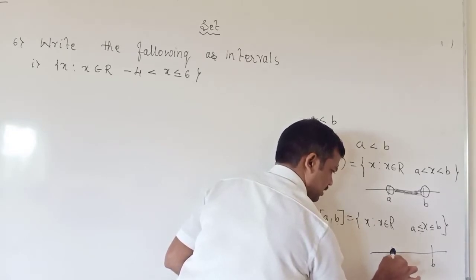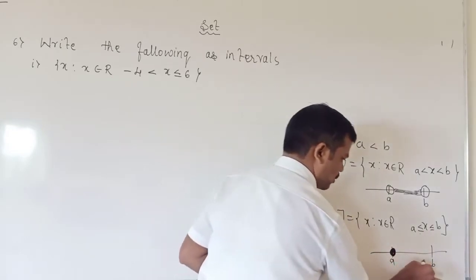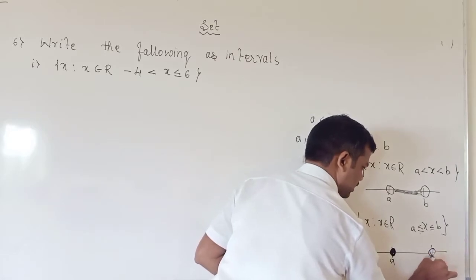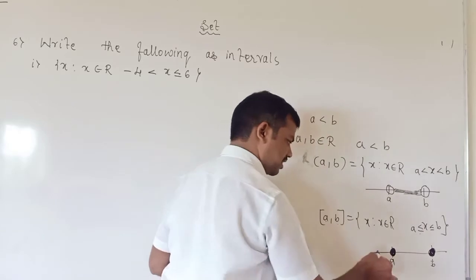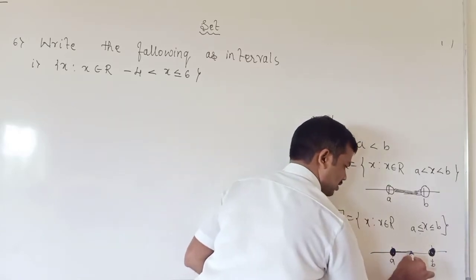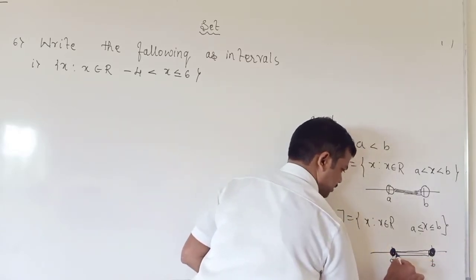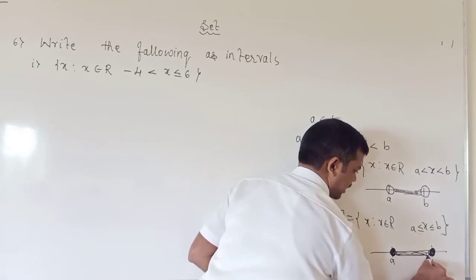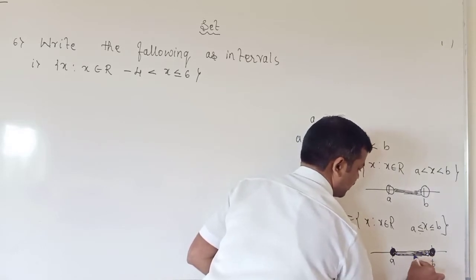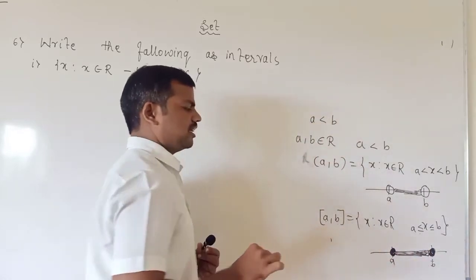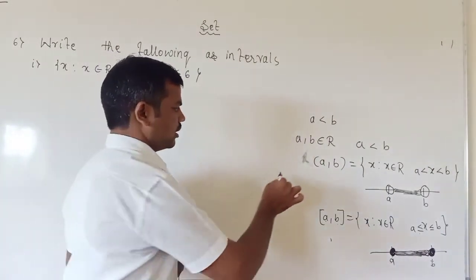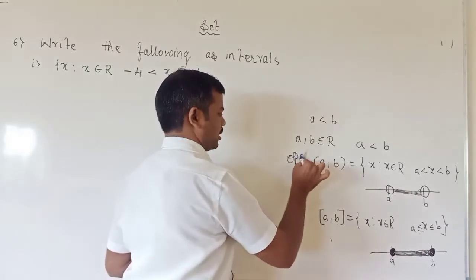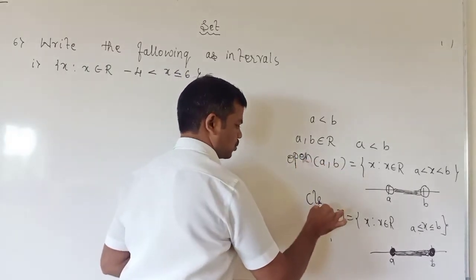Whether b is included, then we darken that circle too. In between is also included. This is the diagrammatical representation of the interval, which we call a closed interval, as opposed to the open interval.